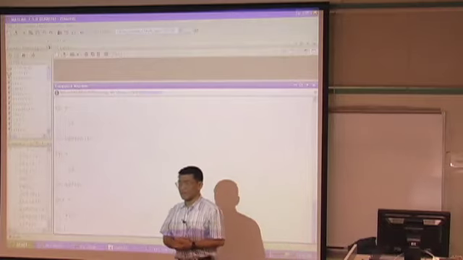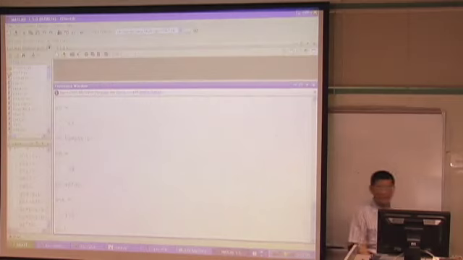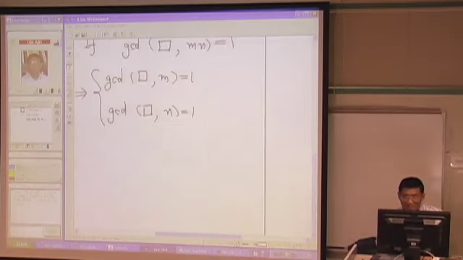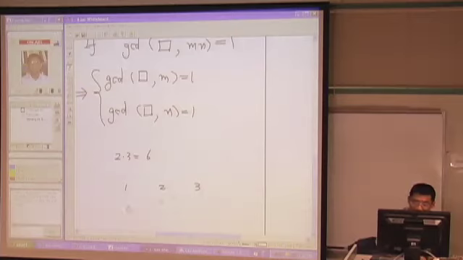Any set is okay. But just a moment, before using MATLAB, I will use a very easy case to show you the fact. 2 and 3. Then 2 times 3 gives us total 6 numbers. So I will write the numbers in this way. 1, 2, 3, 4, 5, 6.